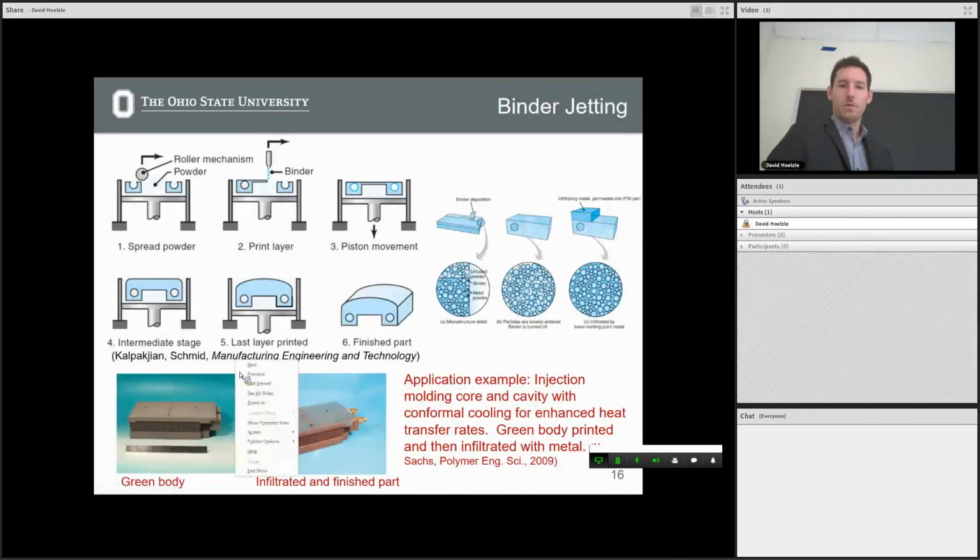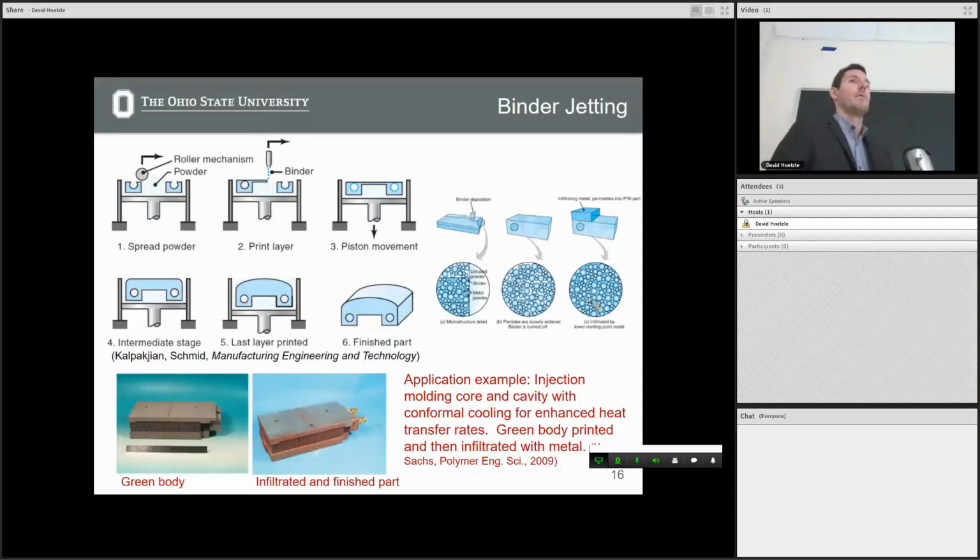You get this green body here, and what you can do from there is that this is basically just made of plaster, so it's pretty weak. You can then put metal next to it and heat up that metal, and because this is a porous network, via capillary action, it'll just suck up the metal into the part.